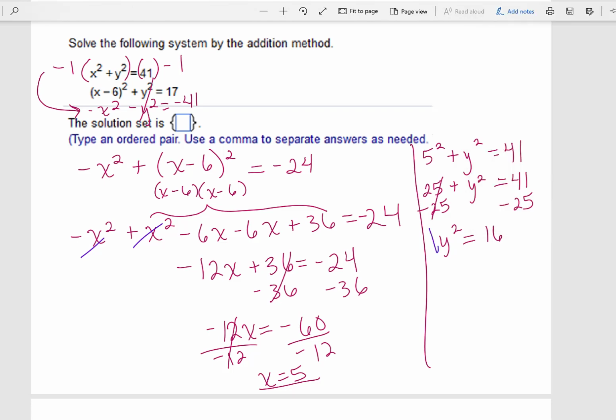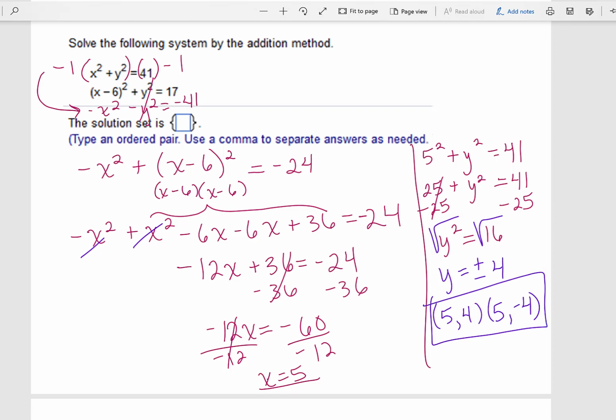Square root. Square root of 16 will be positive or negative 4. So that means when I have an input of 5, I get positive 4, but I also get negative 4. So this gives me 2 ordered pairs as my solution set.